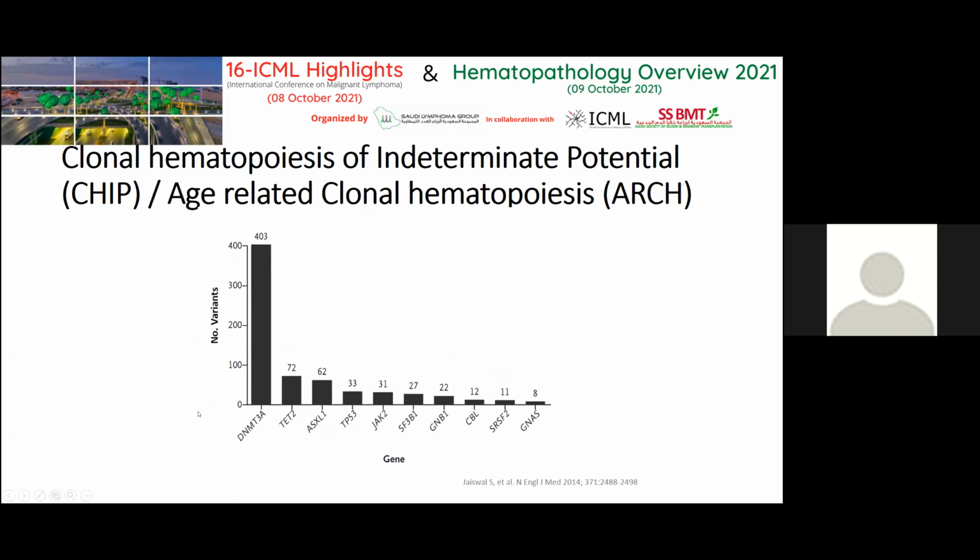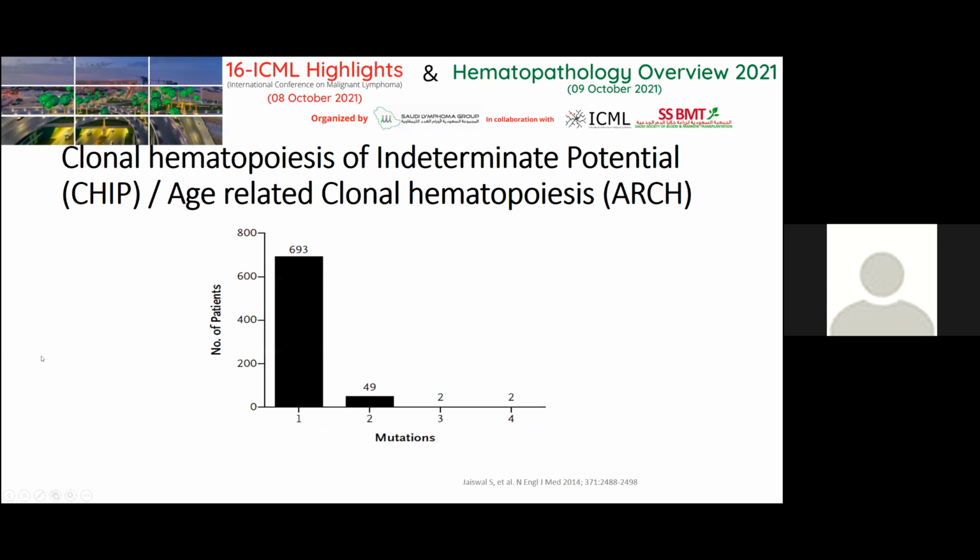Then the authors searched for mutations in genes implicated in hematological malignancy, and the most commonly mutated genes were DNMT3A, TET2, ASXL1, TP53, JAK2, as most of the papers mention.